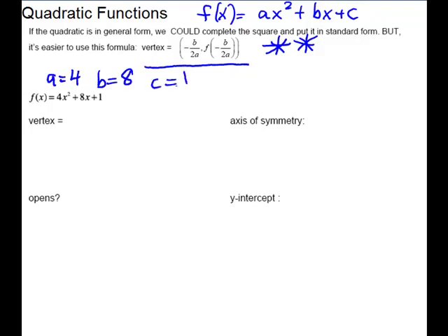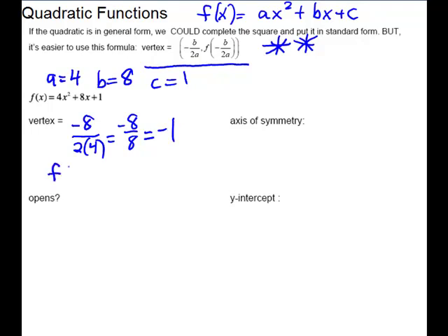So we're going to do -8 over 2 times a, which is -8 over 8, which is -1. All right, this is the x-coordinate. We're going to plug this value in to find the y-coordinate of the vertex.